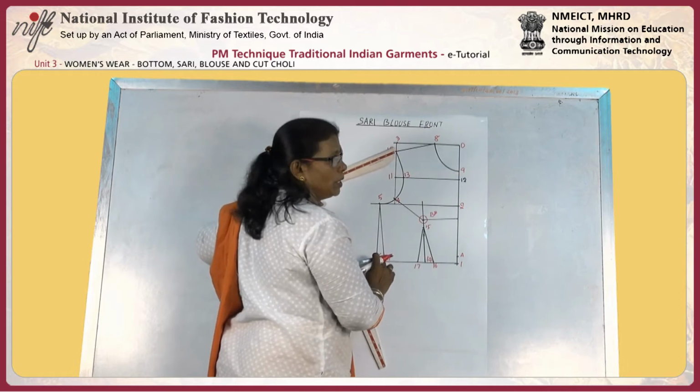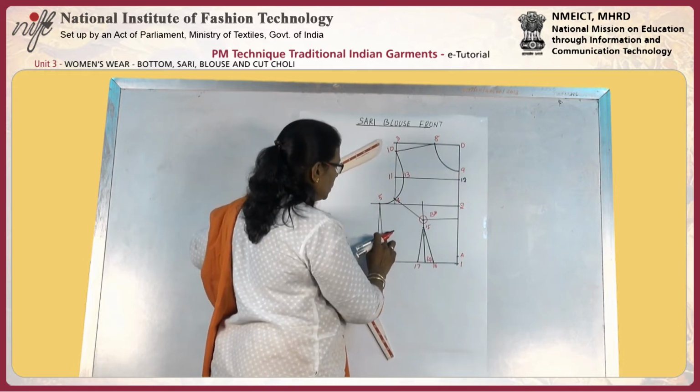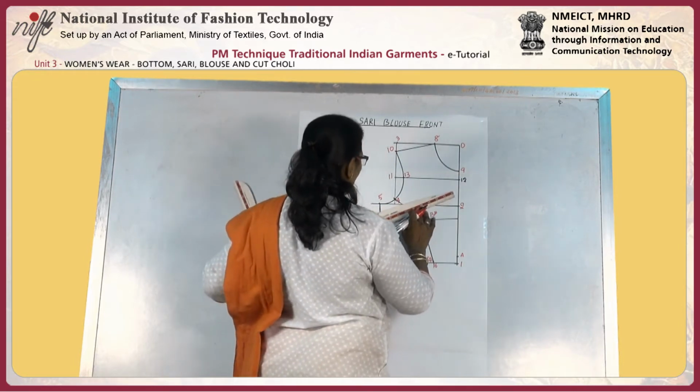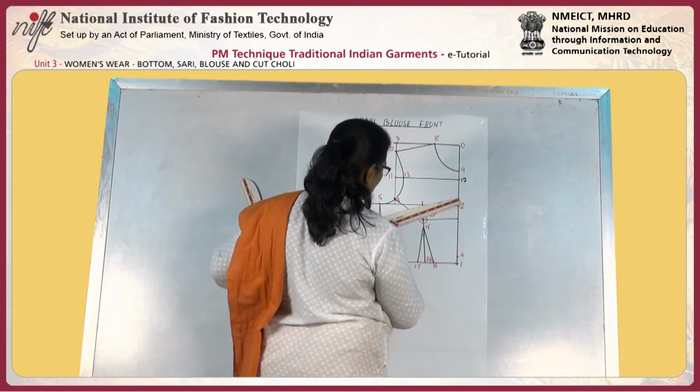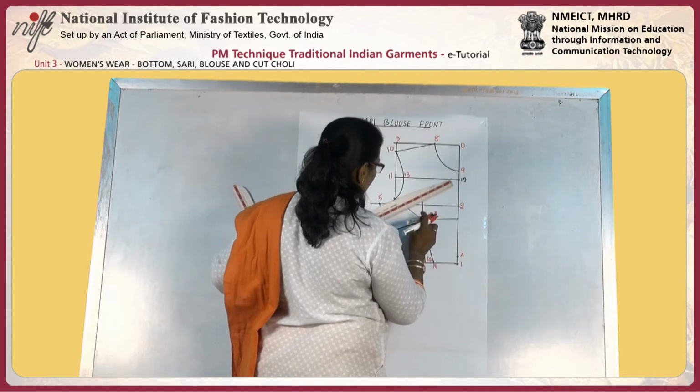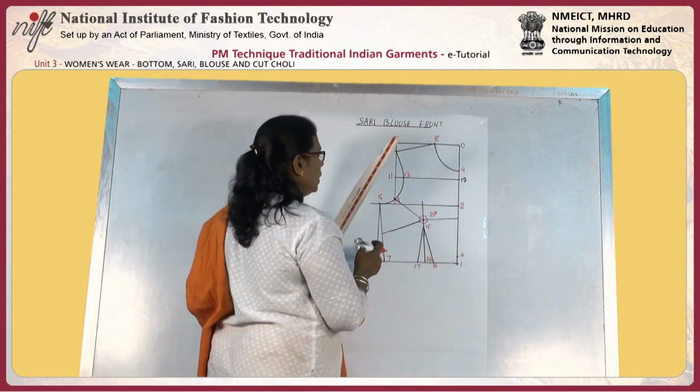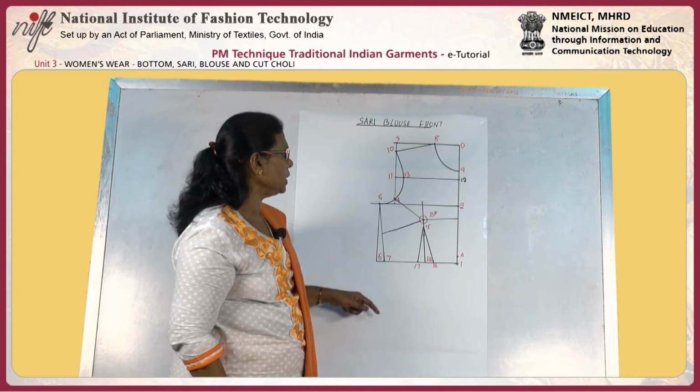And then you may take around 3 to 4 inches above from the waistline. That can be decided by you as per the wish. Should start from here and then join to the bust point. So the position of the dot is been decided.